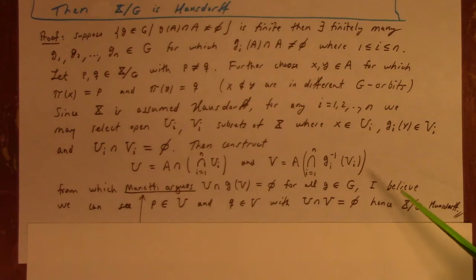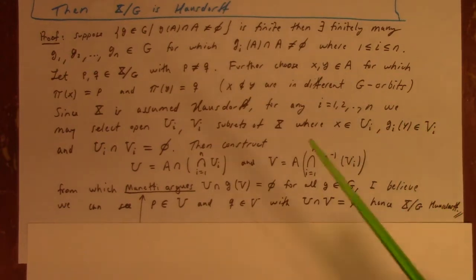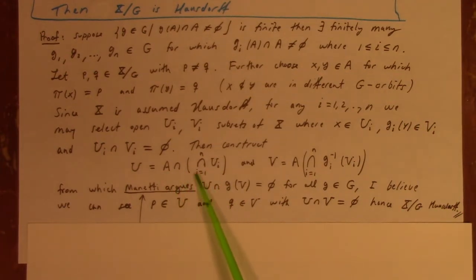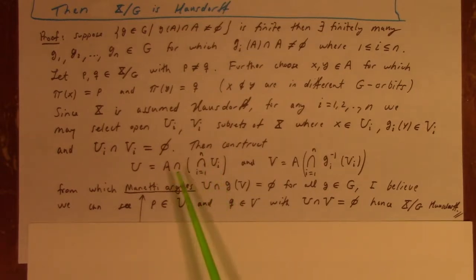I think if you look at this, you can see that p is in here, because x is in every single one of them, and so x must be in the intersection of this.